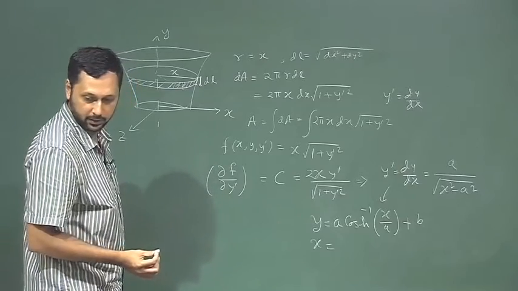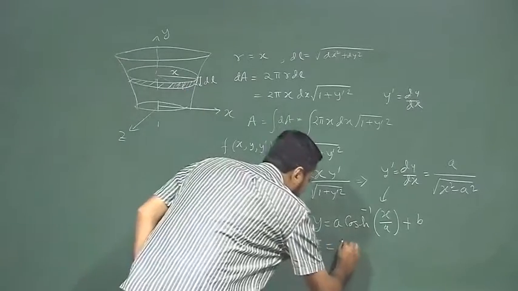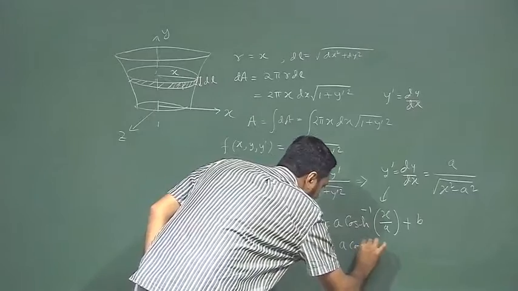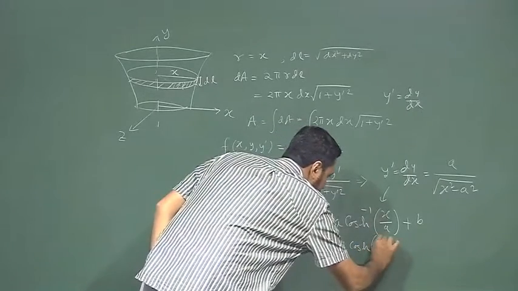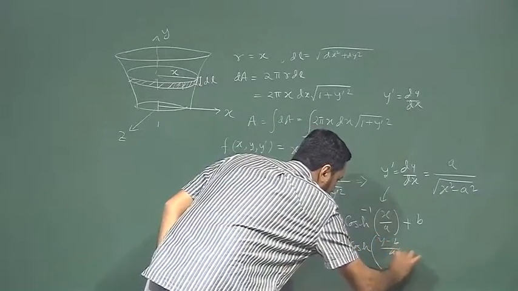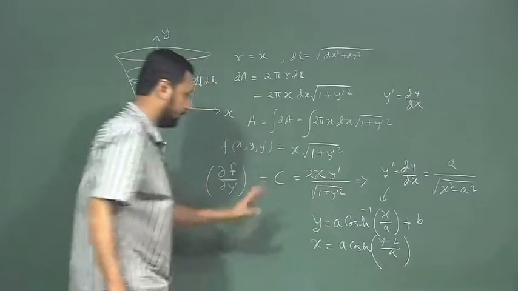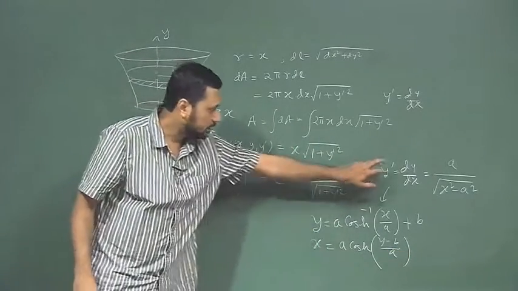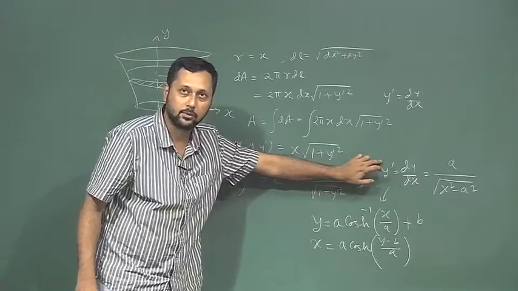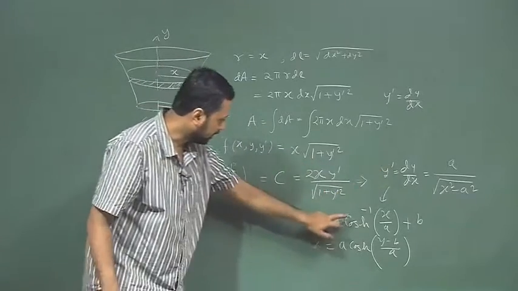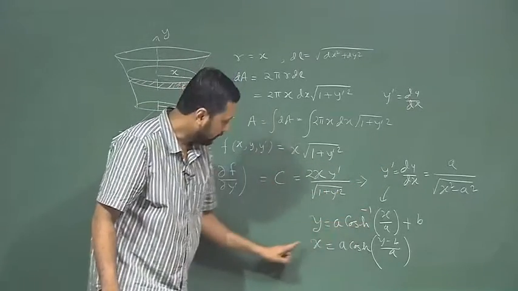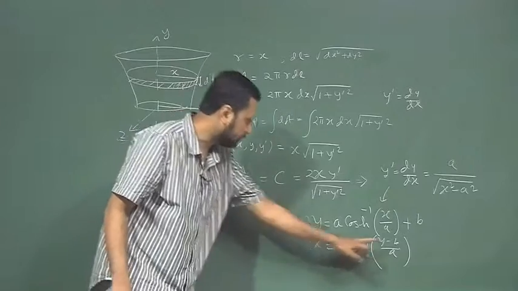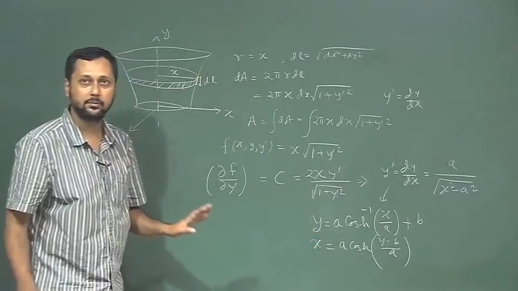So, it will be x equals a cos hyperbolic of y minus b by a. So, you see, although it is not exactly an equation corresponding to a cos hyperbolic function, it is strongly related, it is the inverse of a hyperbolic function, which can be expressed. So, basically x and y have a relation which is given by a hyperbola.